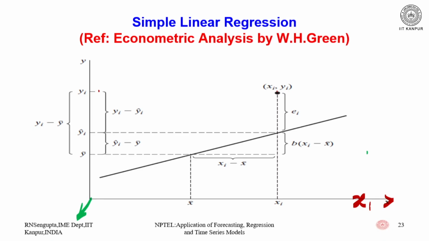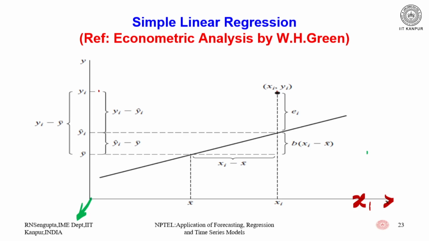Similarly, for the plane which you have, at one point you will have the average of x1, x1 bar, the average of x2, which will be given by x2 bar, and the average of y, which will be given by y bar. Similarly, you can use the concept to find the error, the difference between y hat i and y bar, then the values of the difference of yi minus y hat i.